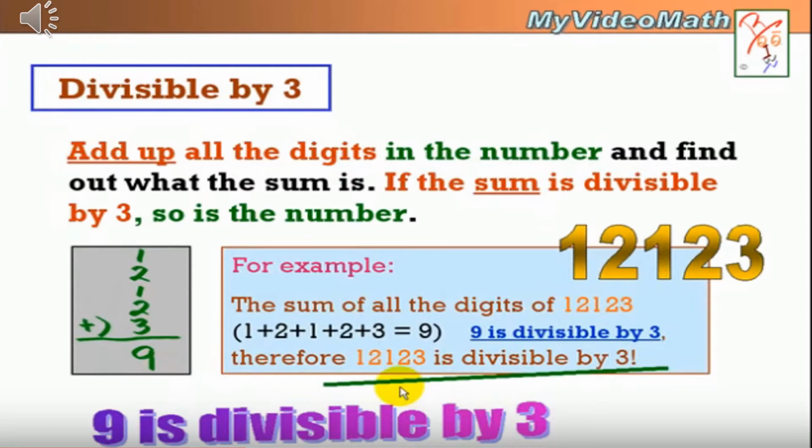We add all the digits together. For example, 1 plus 2 plus 1 plus 2 plus 3. The sum of the digits gives me 9. Is 9 a multiple of 3? Yes, it is. So, the number 12,123 is divisible by 3.